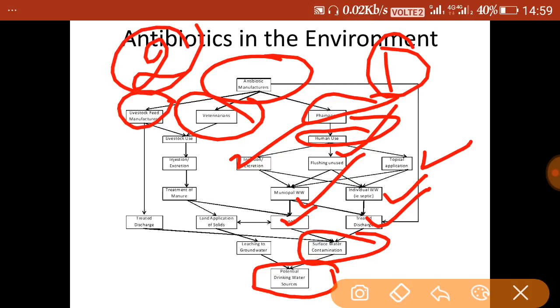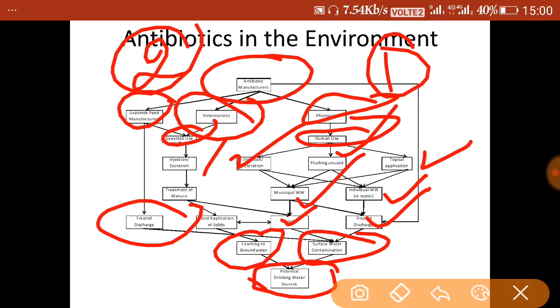The second route is veterinary and livestock. This first route was human beings, now the second route is veterinaries and livestock. Livestock feed manufacturers use antibiotics. They, in fact, treat the discharge, but ultimately that leaches down to the drinking water sources. Similar is the case of veterinaries.